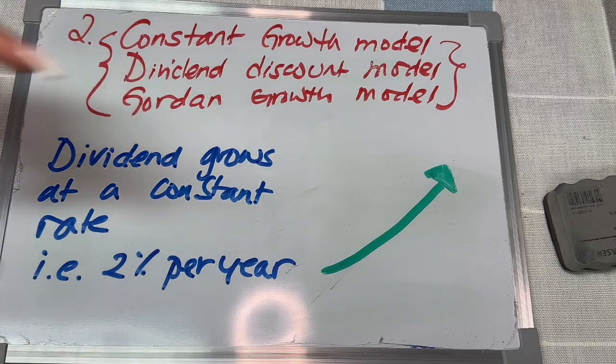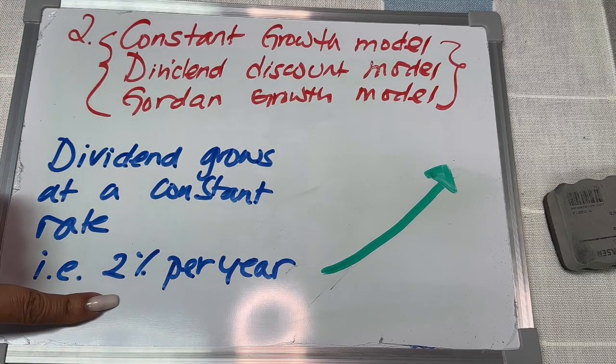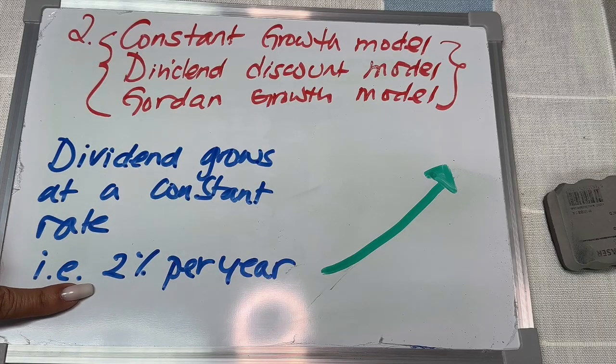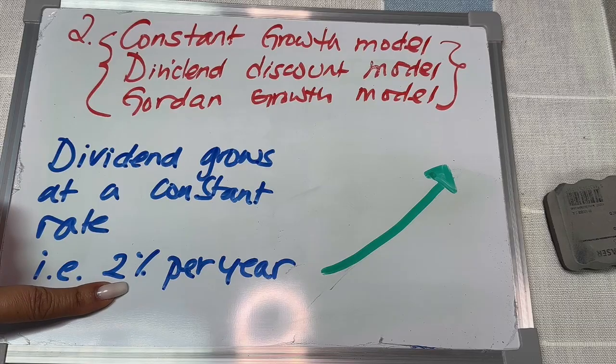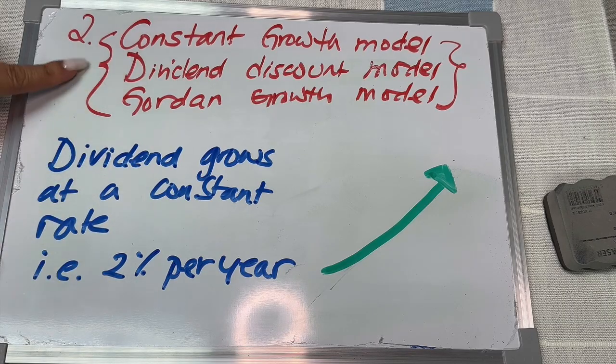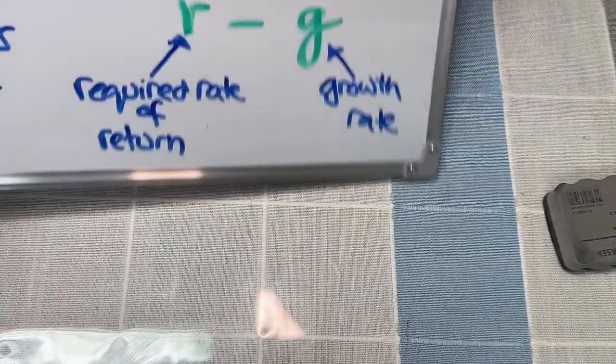It's going to change, but at a constant rate, which in this example is 2%, could be 5%, could be 10%, whatever it is. As long as the growth rate is the same per year, it is called the constant growth model, and we use a formula that looks like this.